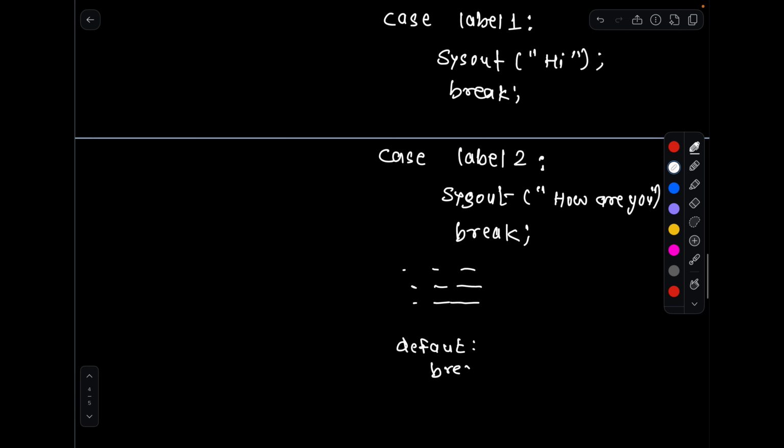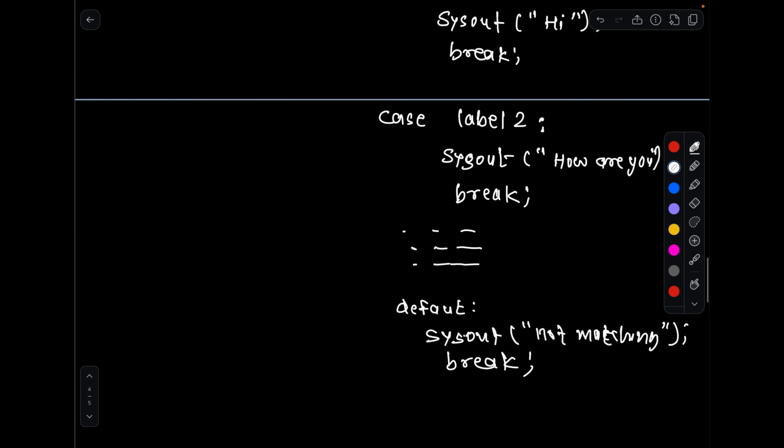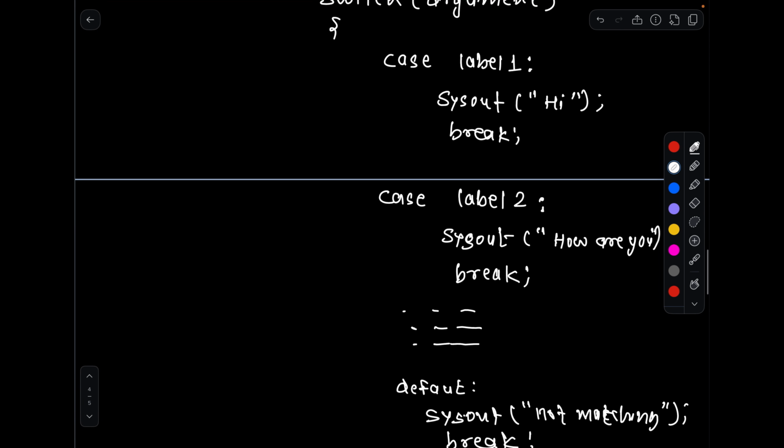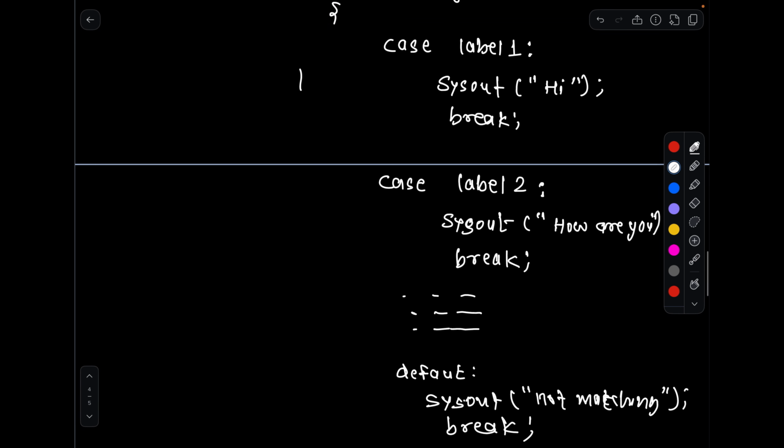Or you can put any message in the default as well: Not matching. And it breaks. And this switch block is completed. So basically the switch starts from here and ends here.